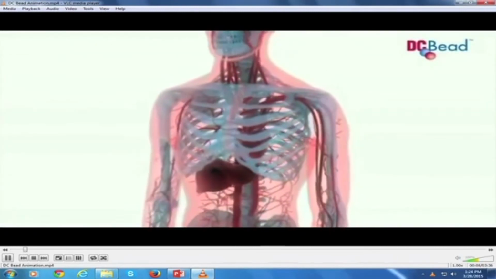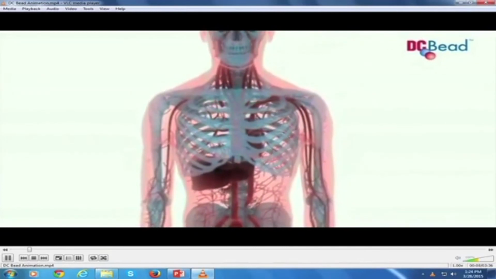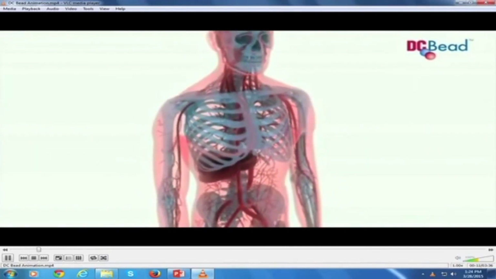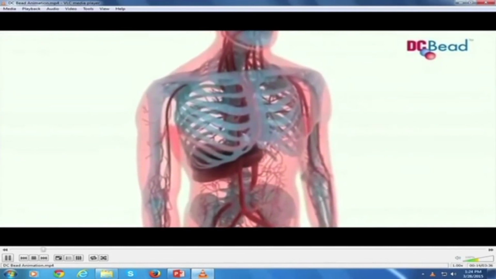Hepatocellular carcinoma, or HCC, is one of the most common cancers worldwide, and the third highest cause of cancer-related deaths.